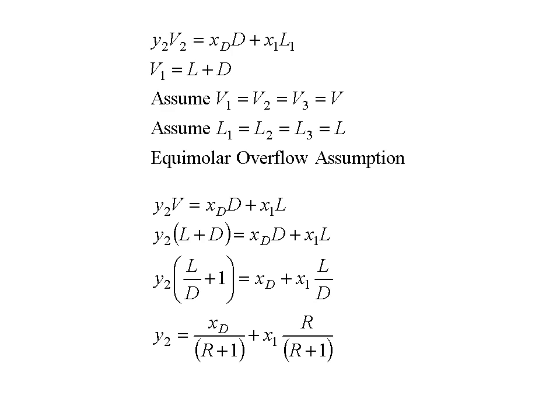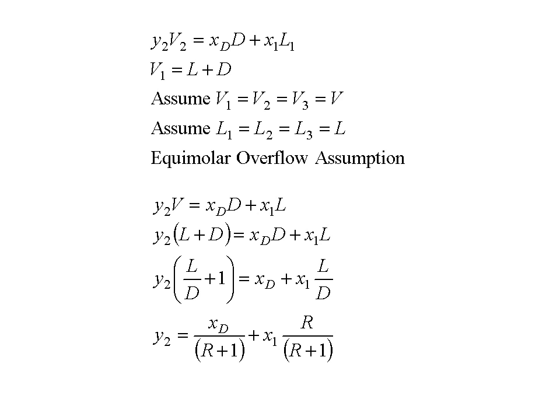And we'll make a substitution that the vapor leaving stage 1 is equal to L plus D, and put that into the equation. Divide by the distillate flow D, and we end up with an equation that the mole fraction leaving the second stage in the vapor phase is equal to the distillate mole fraction divided by the reflux ratio R plus 1, plus the mole fraction X1 in the liquid phase from stage 1 times the reflux ratio divided by R plus 1.